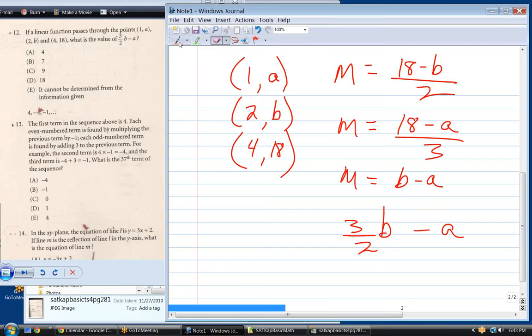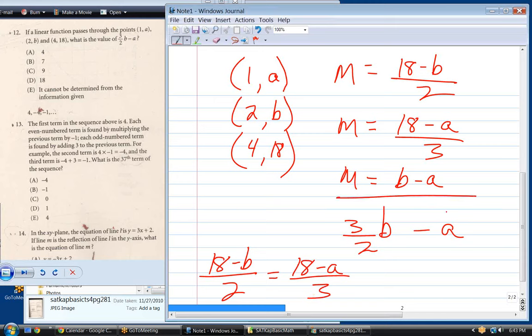Usually when something is equal to something and that same something is equal to something else, you make them equal to one another. In other words, 18 minus b over 2 has to be equal to 18 minus a over 3. And I'll leave the third one aside for a moment just so I don't confuse myself.